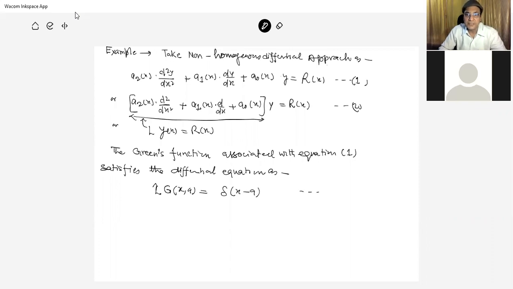This is equation 3. So for this differential operator, if there is a corresponding Green's function, we can have, now I have said that there are some properties of the Dirac delta.